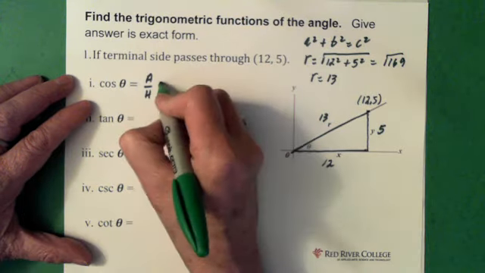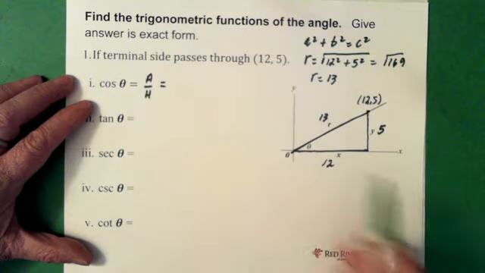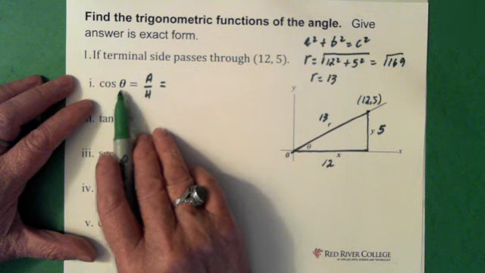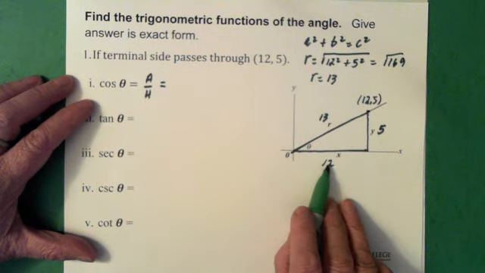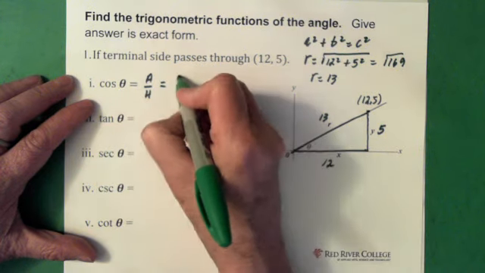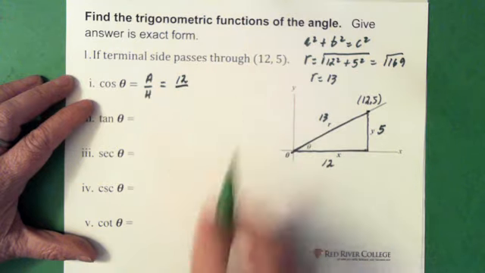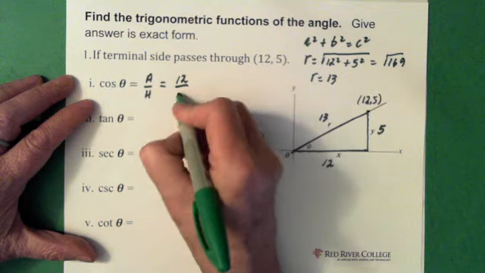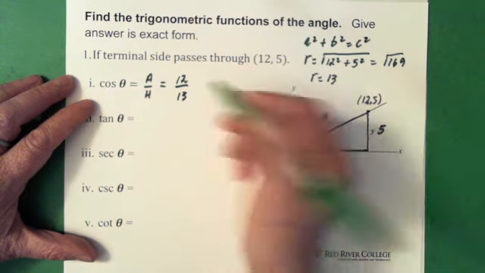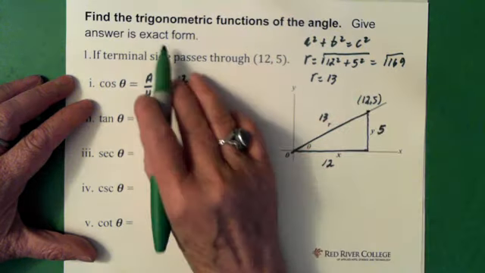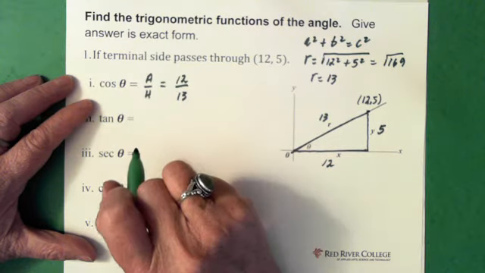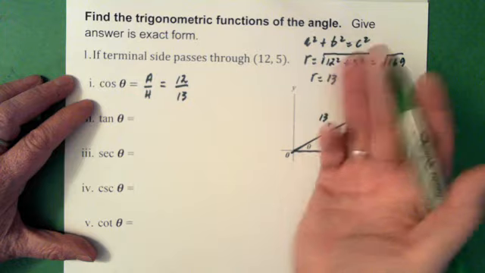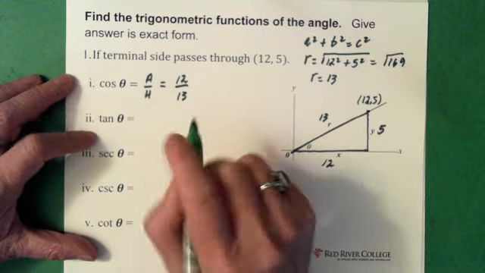Adjacent to theta, because this is the cos of theta, is our 12, and our hypotenuse is the 13. We're leaving it as 12 over 13 because the question has asked for the answer to be in exact form. If we did the division here, we'd have an answer that's not in exact form.